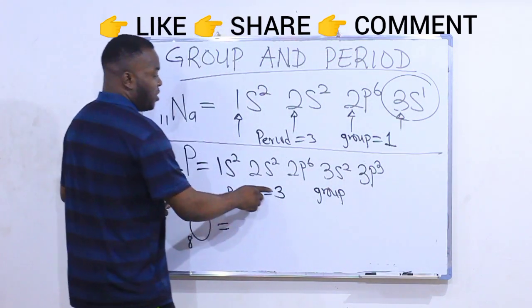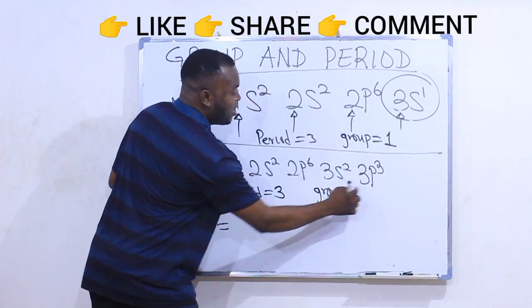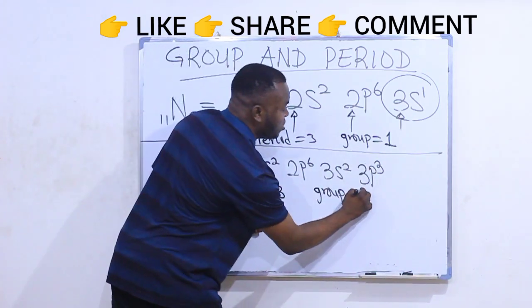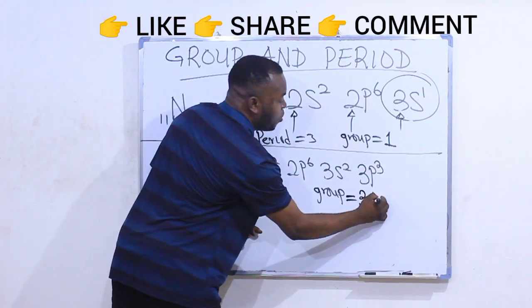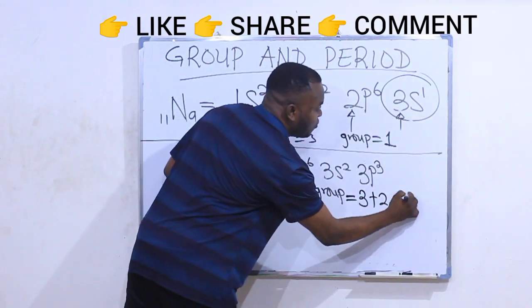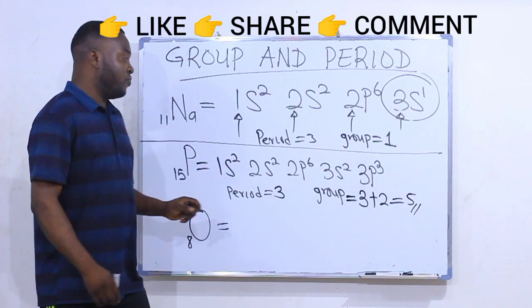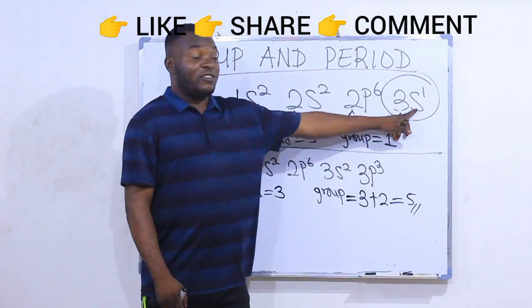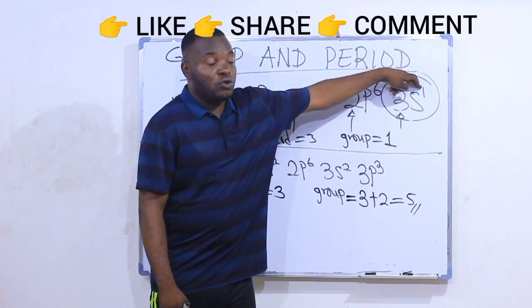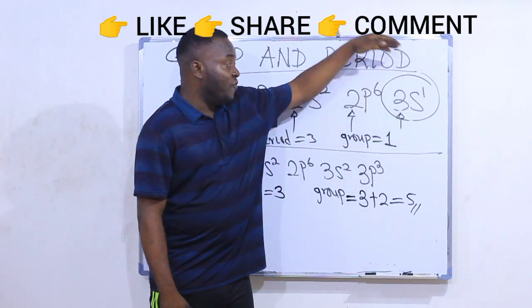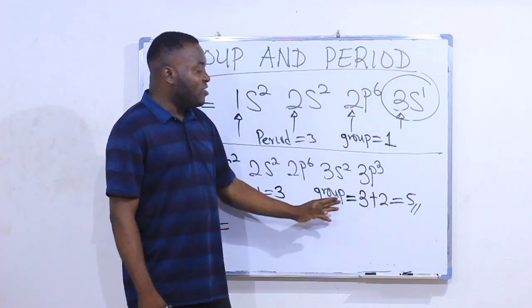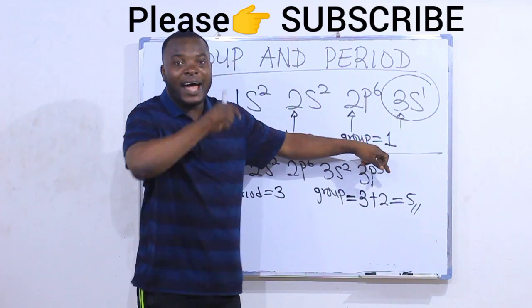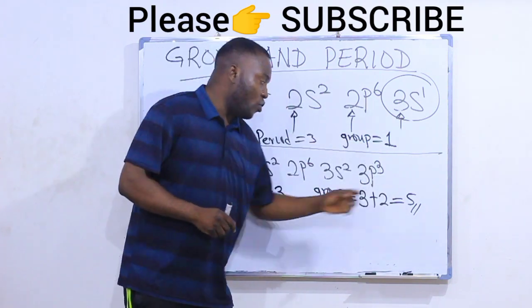Here, the power of the last p is 3. So the group is 3 plus 2, which gives us 5. That means phosphorus is in group 5. Remember, when it ends with s and the power is 1, it is group 1; if it is 2, it is group 2. But when it ends with p, add 2 to the power of that last p.